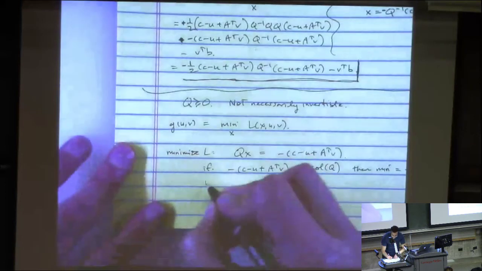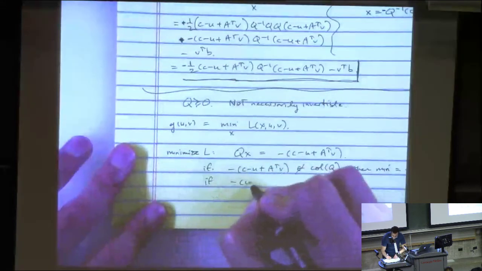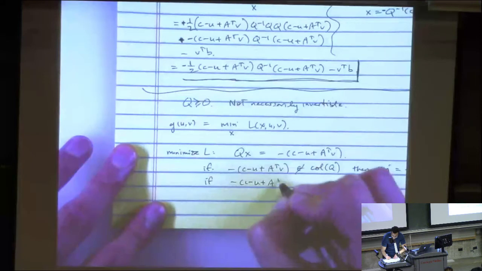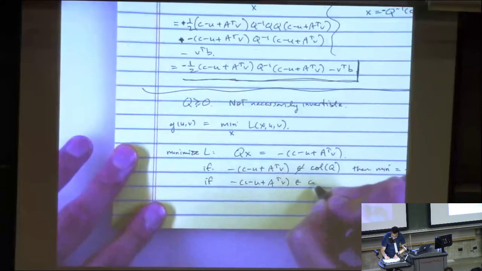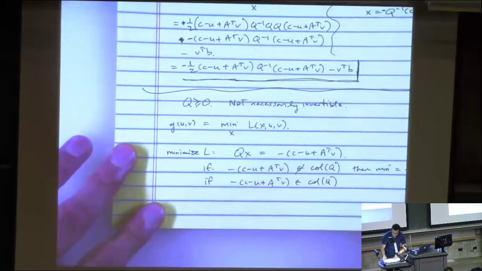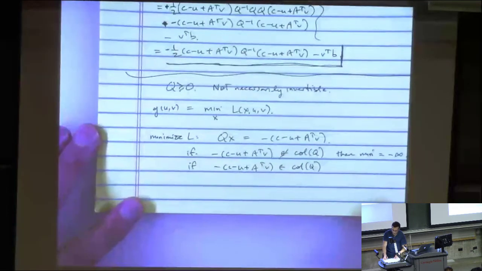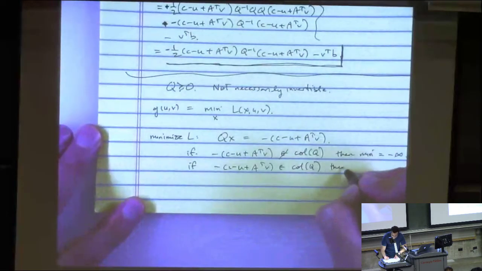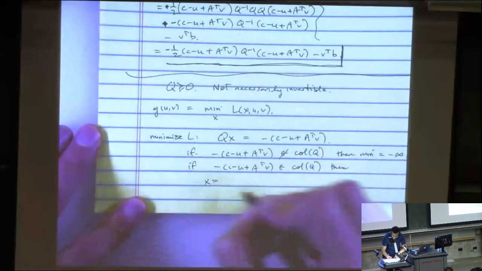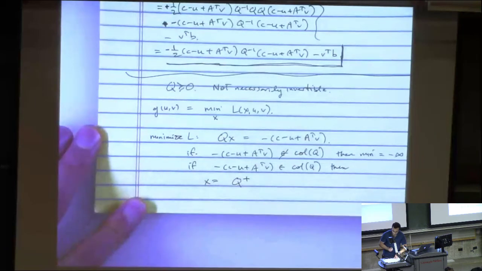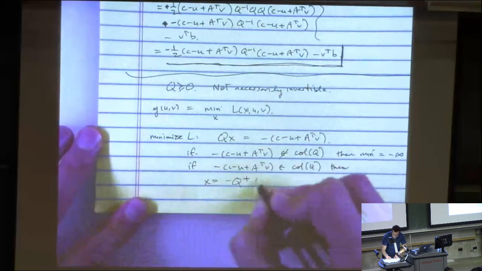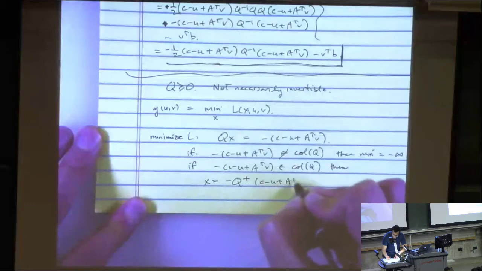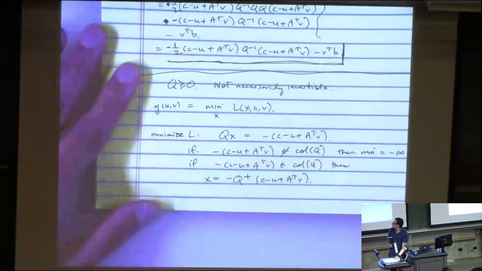If indeed we're in the other case, where this is in the column space of Q, then the minimizer is given by x equals Q pseudo-inverse of this quantity.